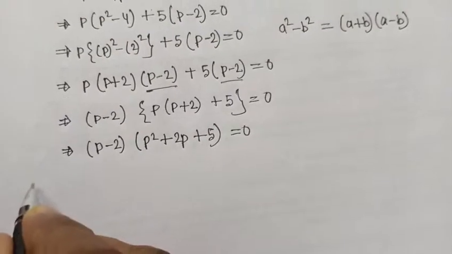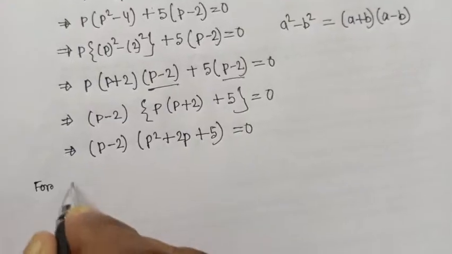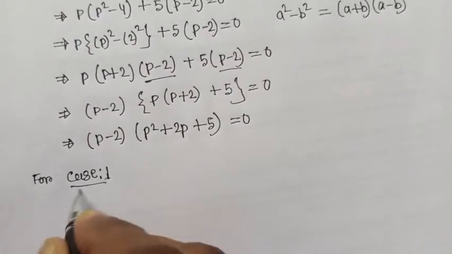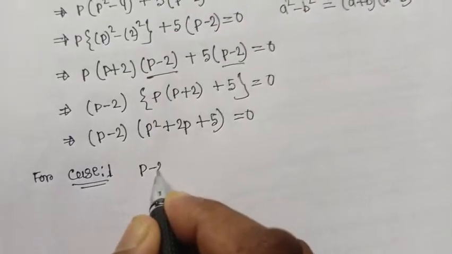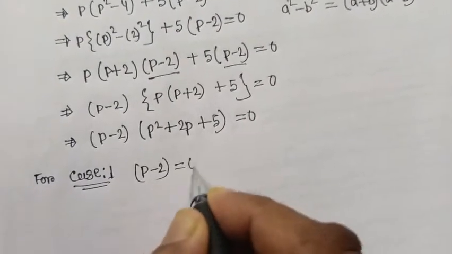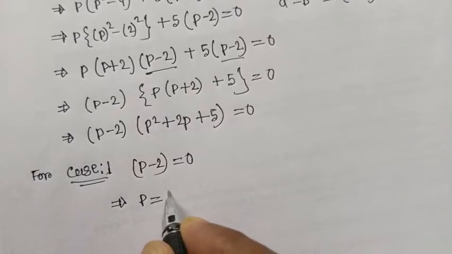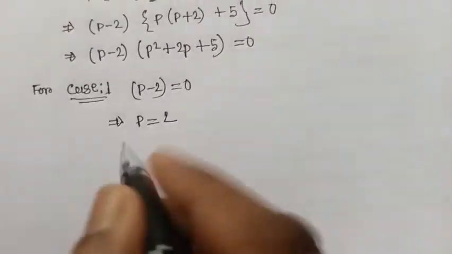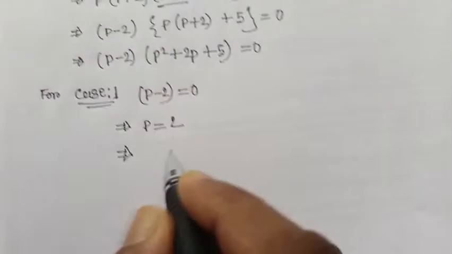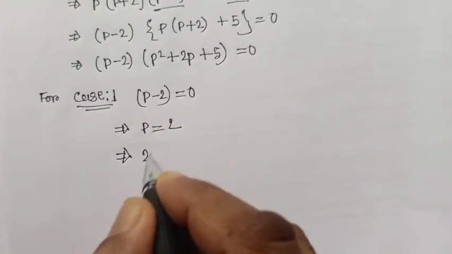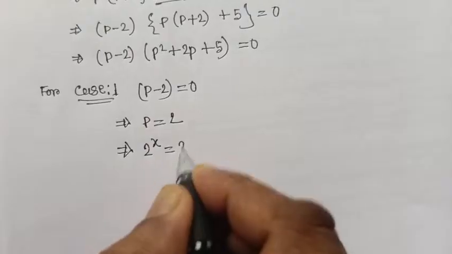So for case 1, if we take p minus 2 equals 0, that is p equals 2. And before, we have already let that p is equal to 2 to the power x, so 2 to the power x is equal to 2.